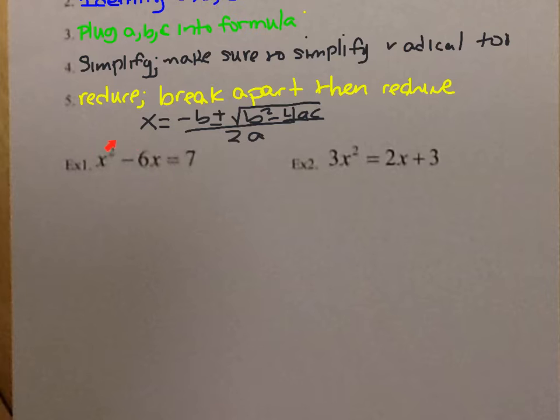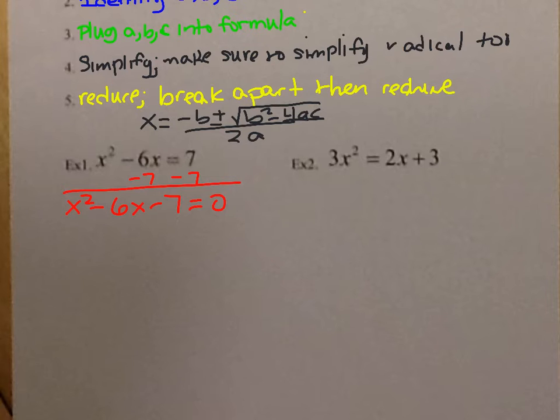So notice this is not in standard form because it has to equal 0, can't equal 7. So I'm going to move the 7 over to the left. So that's a positive 7, so I'm going to minus 7. So I get x squared minus 6x minus 7 equals 0. And notice the 7, I didn't add that with anything because there's no like terms.